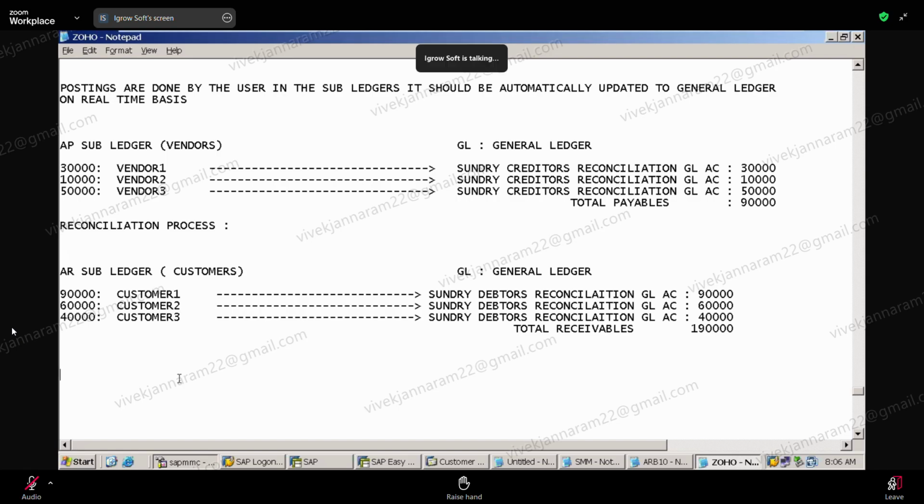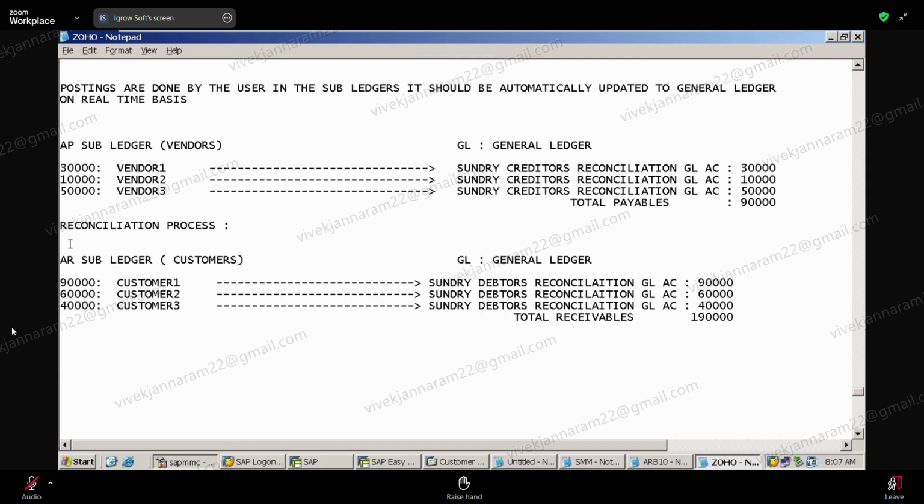Now there is one popular interview question. The question goes like this: can we post to a reconciliation GL account directly in FD50?